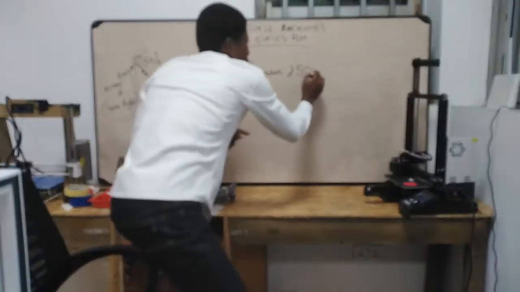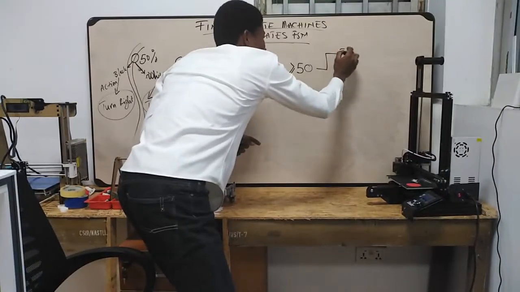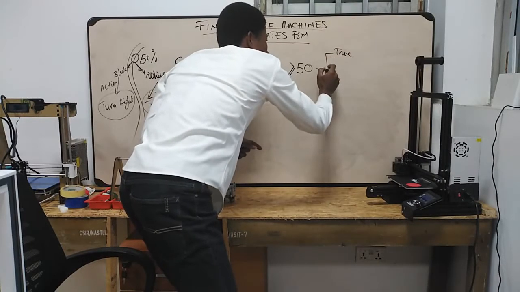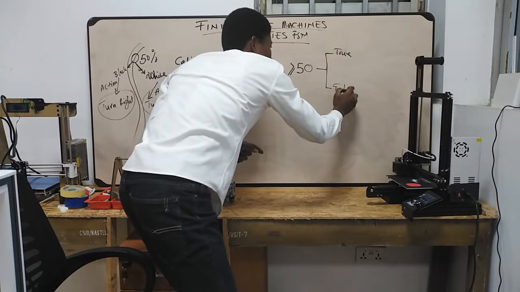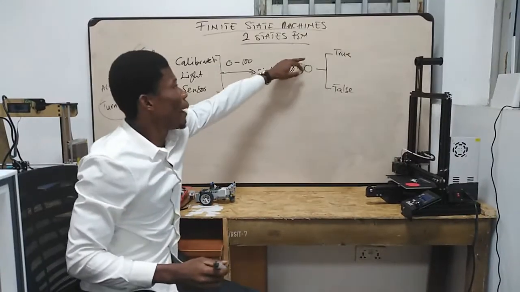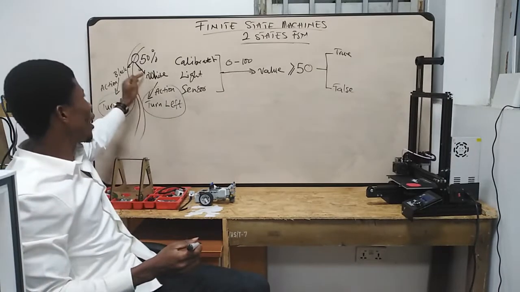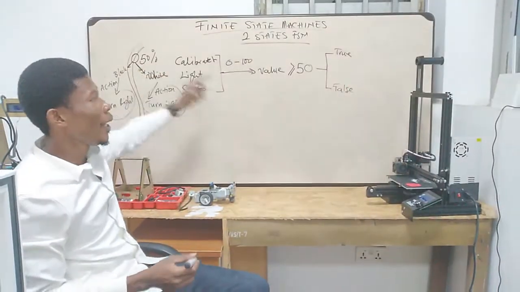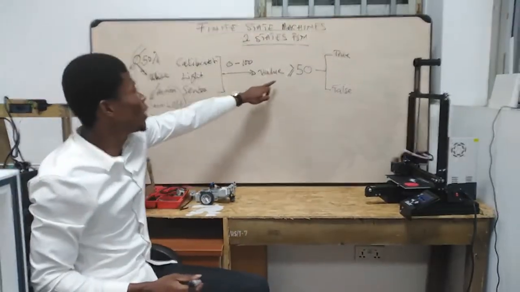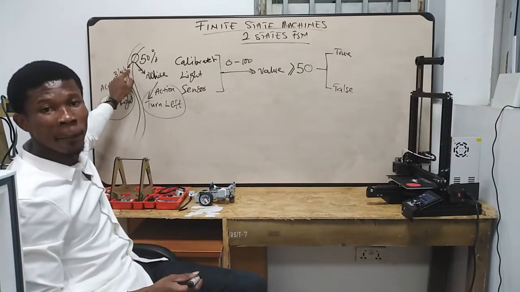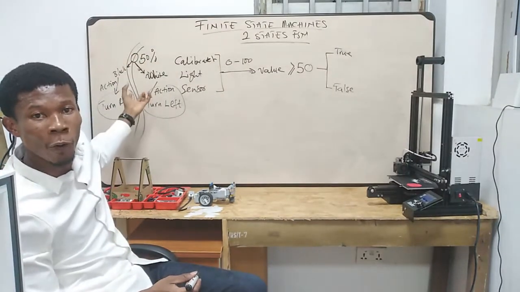The result from this equation will either be true or false. A true means the value is above 50, which corresponds to a drift into the white, because white surfaces reflect more light. And a false stands for a value less than 50, which means the robot is drifting into the black because the black will begin to absorb more of the light.